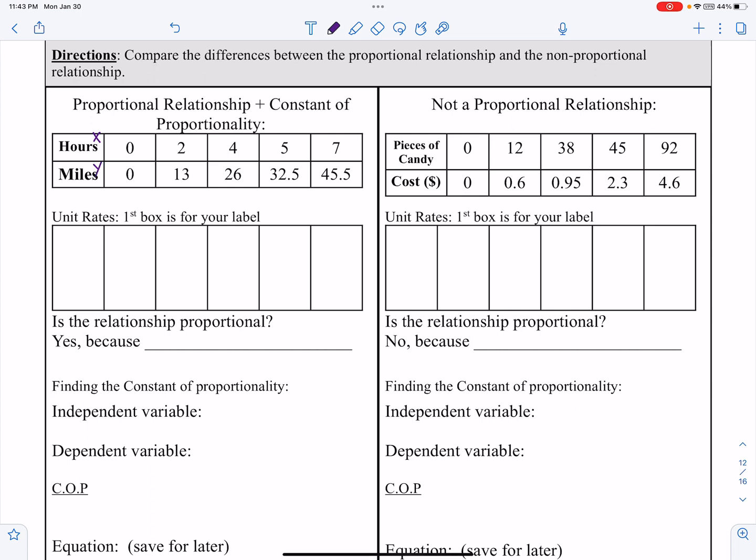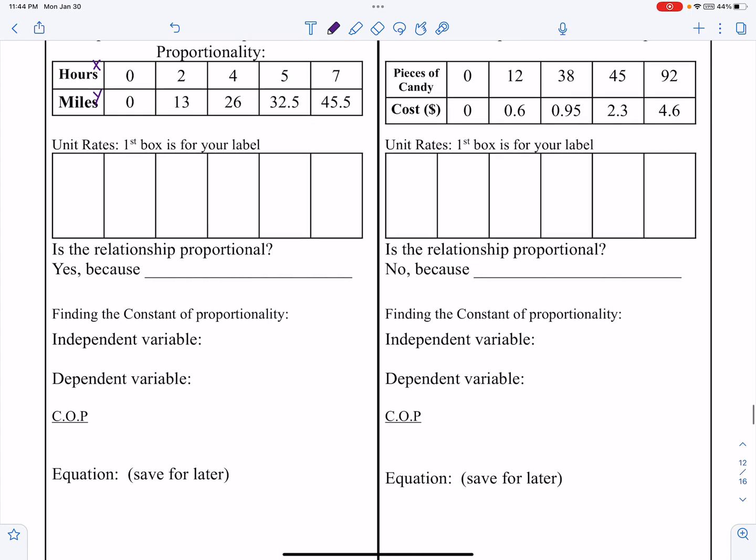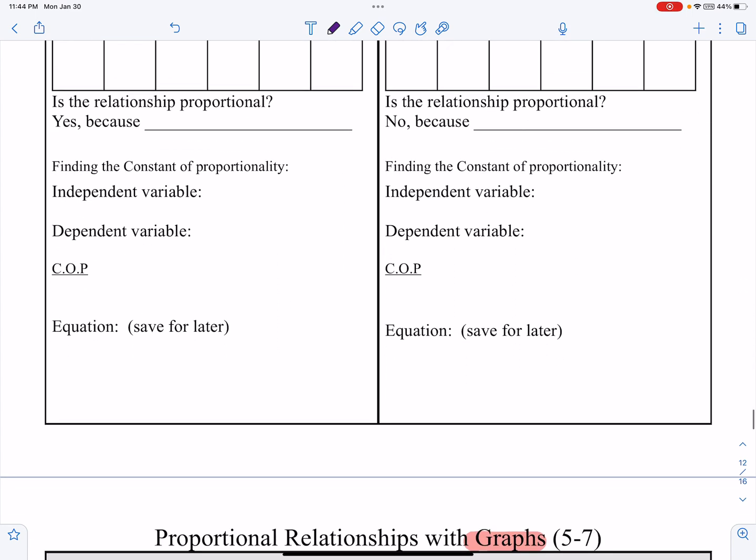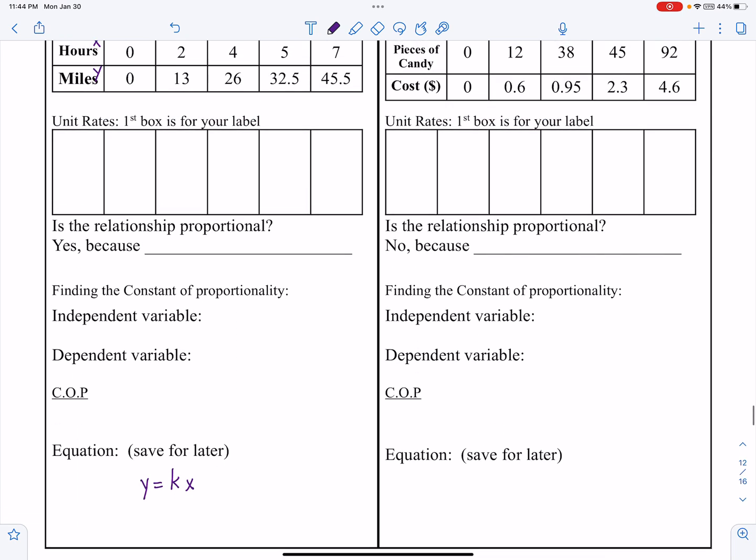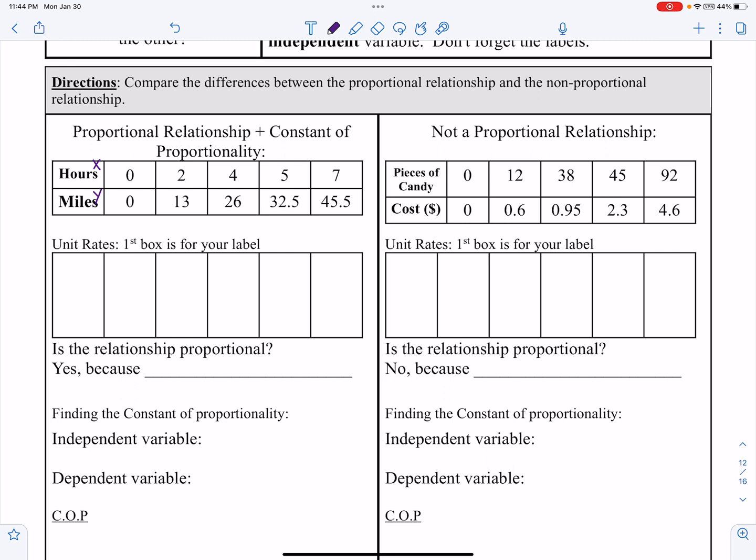So we know that the formula for constant proportionality is, let's go ahead and write it down here for equation, y equals the constant of proportionality times x. So what are you going to multiply x by to get y? This is something we've been doing for a long time with proportions.